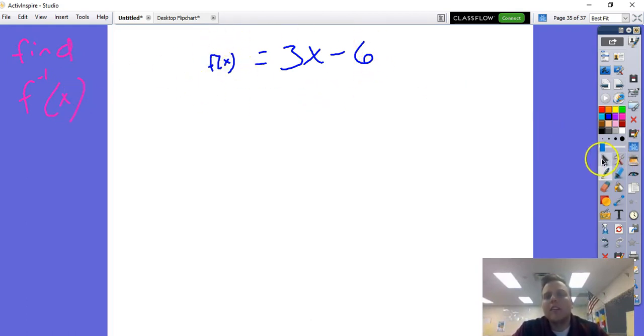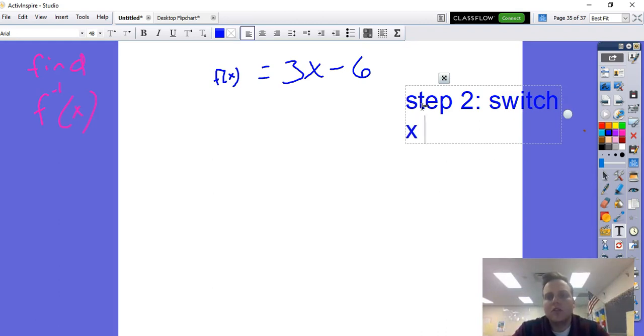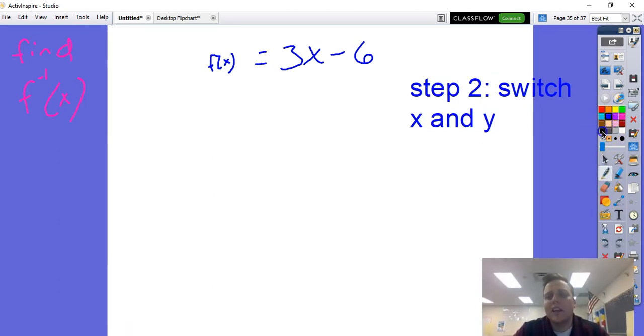All right, well, what is the step to finding the inverse? So this is really going to be step 2, but right now you might be thinking step 1. Step 2, well, to find the inverse of a function like this, you would switch x and y. What's the problem with that? You might be saying, Mr. Miller, I don't see a y. Well, it's crucial that you understand that f of x is just a fancy y.